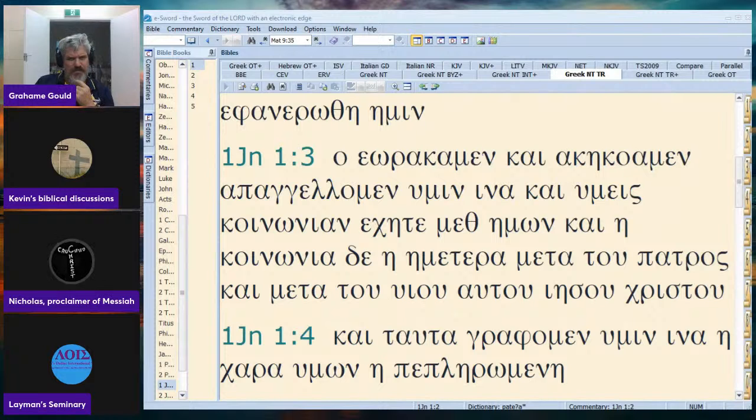But that would be a distraction from the Greek if we got into it. Apangalomon, Umen, Ina, Kai, Mice, Koinonian, which can be translated fellowship or, I was going to say, communion.